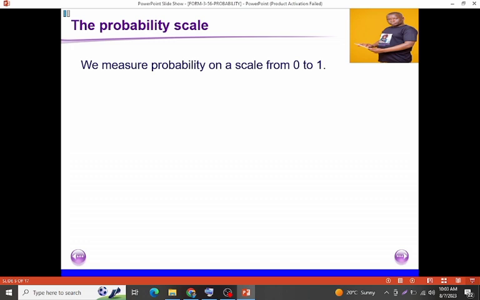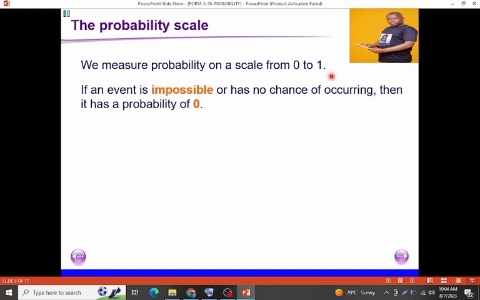Probability can be measured from 0 to 1. This means that the probability of an event occurring or producing an outcome cannot be less than 0 and cannot be greater than 1. So if an event is impossible, meaning that it cannot occur, we call it an impossible event.